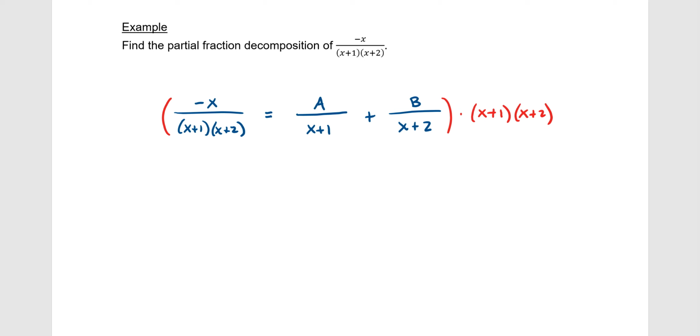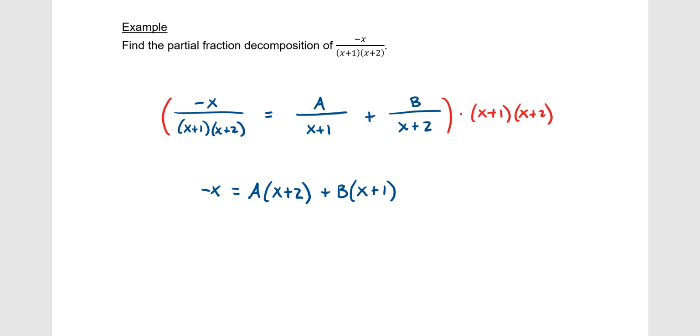On the left, the original denominator completely cancels, and we're left with negative x. For the next one, the x plus 1 cancels, and we're left with a times x plus 2. And for the one on the right, the x plus 2 cancels, and we're left with b times x plus 1.